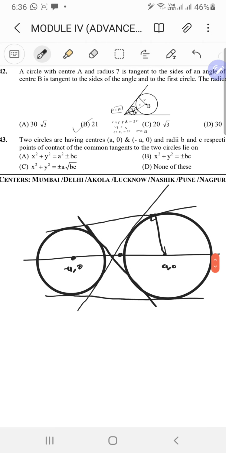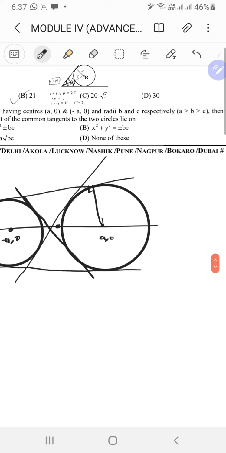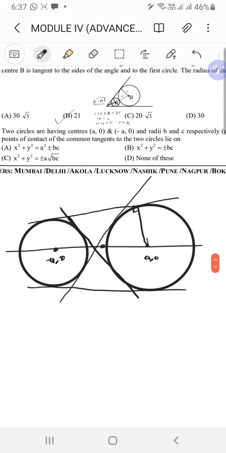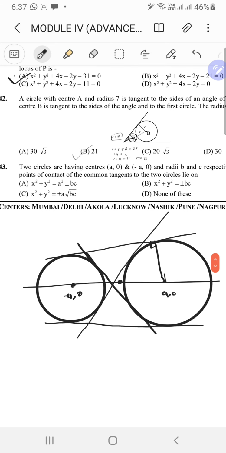So let's say when A is equal to B equal to C, at that point the points of contact are going to be on this rectangle. Which has 0 comma 0 as its center, and this thing as the diameter.